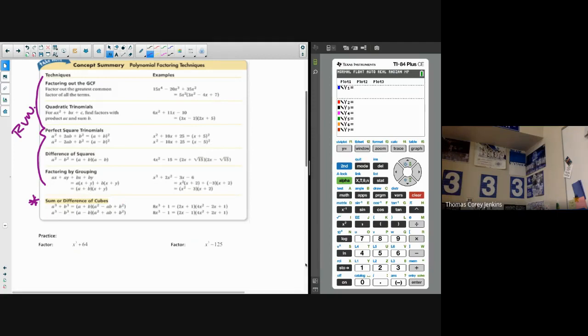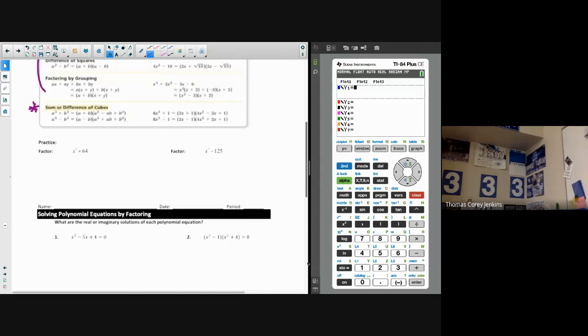Okay, so let me do one of these examples and then I'll leave the other one for you. All right, so let's look at this one. First, you have to recognize that it's a sum of cubes, so we're going to be using this formula. And from there we'll just figure out what a is and what b is.